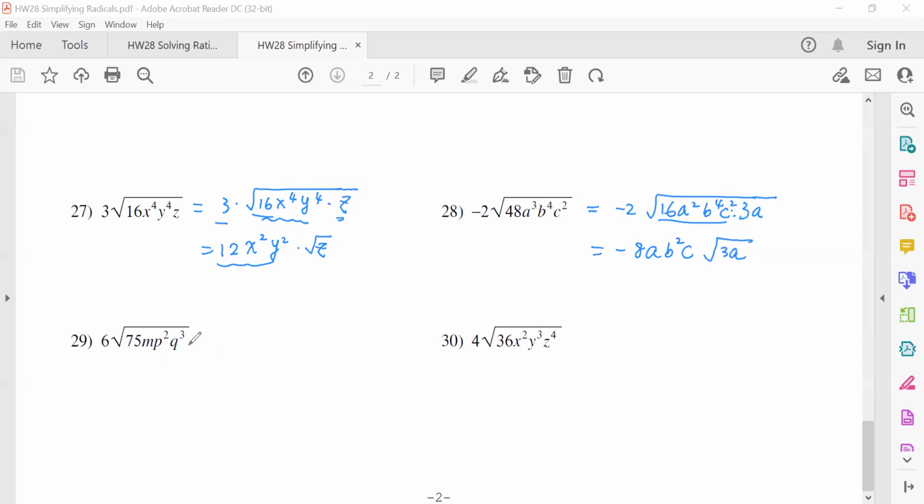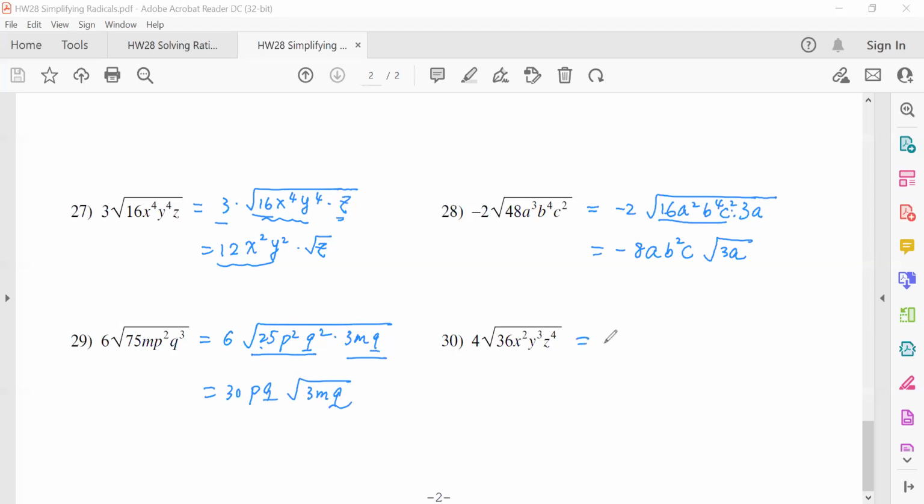Okay, so same here. Here is 25 and left times 3. M will take out p squared q squared and left 1q here. So the left part we can square root this one, right? So we can get 5. 30pq square root 3mq.